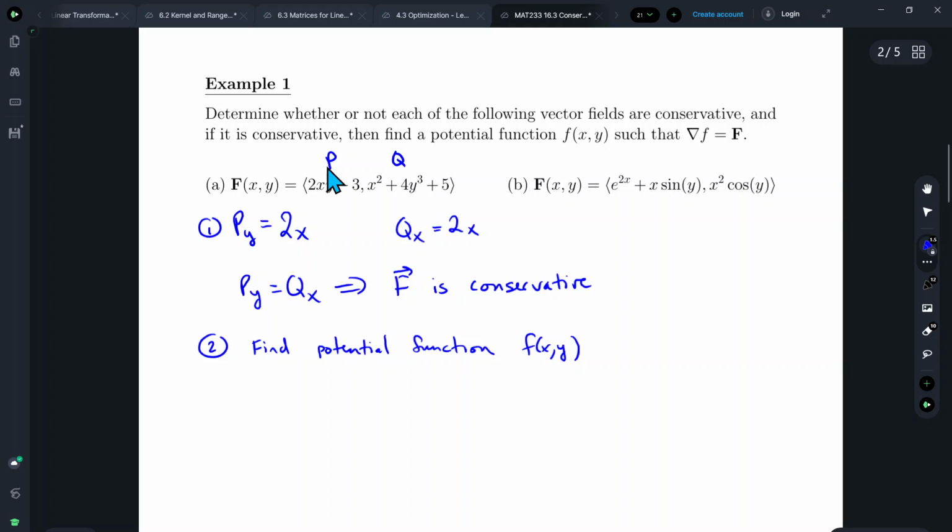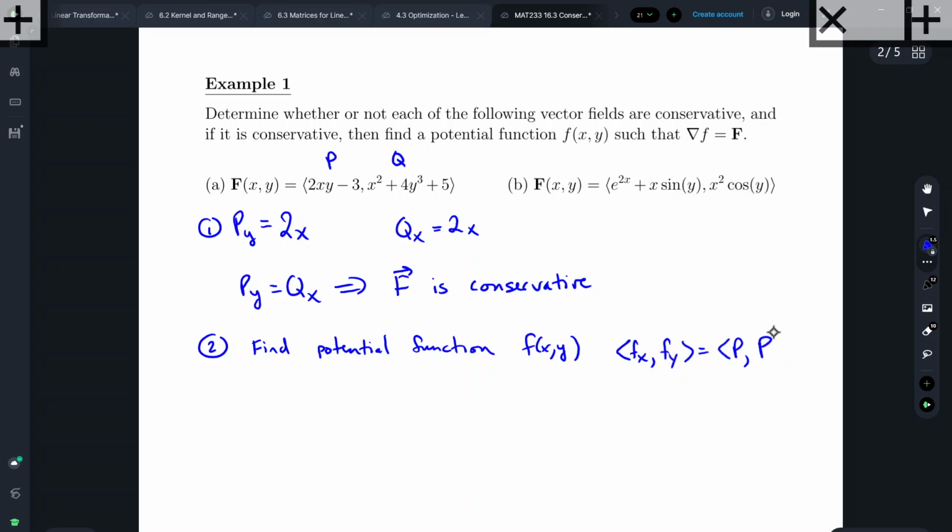Okay, so again, if you remember, the gradient of little f is supposed to be equal to the components P and Q, right? So you want f sub x, f sub y is equal to the vector field P comma Q. Then to recover f, I need to integrate P with respect to x.